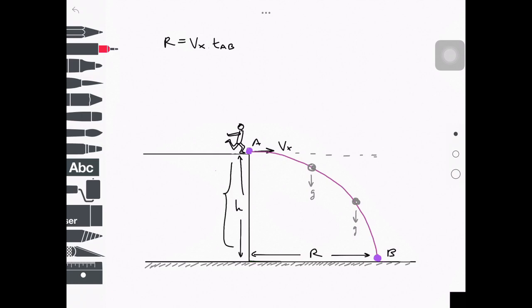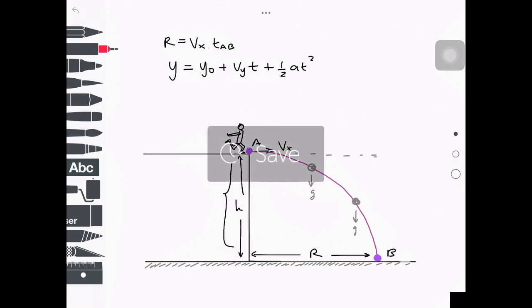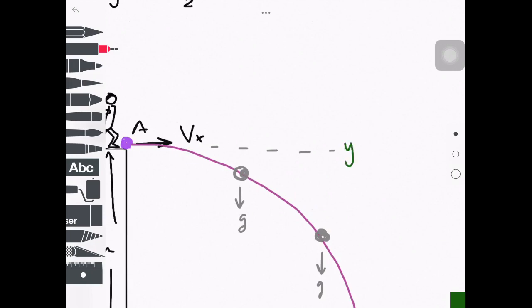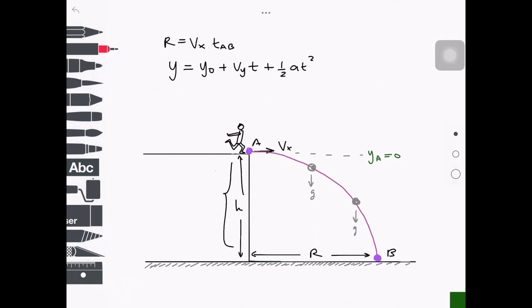In this case, we know the initial height of the ball, so we can use the dynamics equation where the final y position equals the initial y position plus the velocity in the y direction multiplied by time, plus a half acceleration multiplied by time squared. If we set point A as the initial y, where let's say ya equals 0, and we set our own agreement that everything below A is negative, then yb equals minus h.